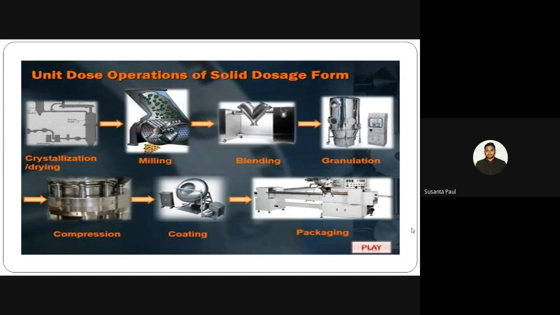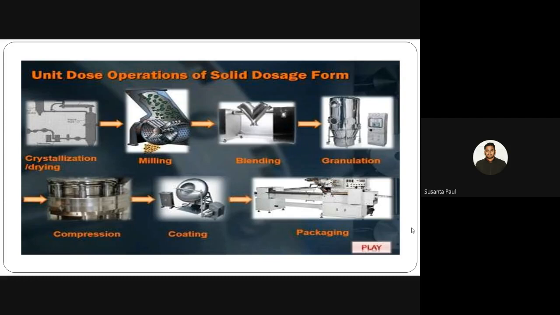So the steps to prepare the tablet: we first need to prepare the granule for compression, which includes weighing the ingredients first, then mixing the powder ingredients and the excipients, and then converting the mixed ingredients into granules.